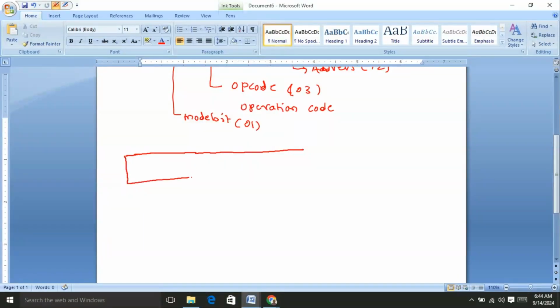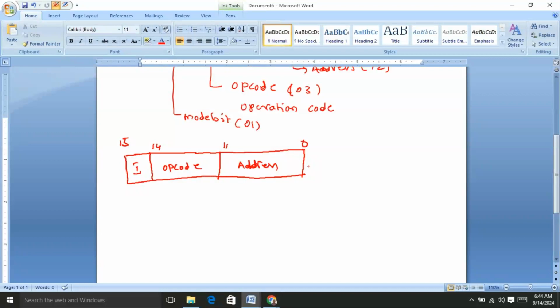This is the 16 bits, again 0 to 15: up to bit 11 is the address, that means a total of 12 bits, and the remaining 3 bits, 12, 13, 14, are the opcode, and this is the mode bit.